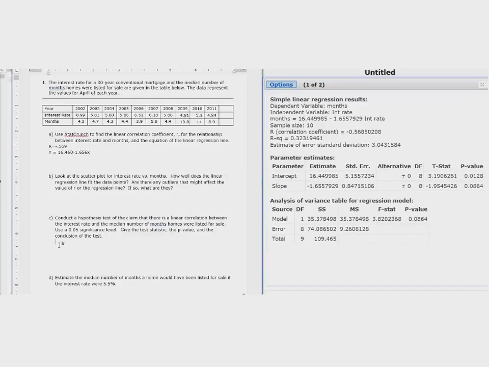So our test statistic is negative 1.955 if we round it to 3 decimal places. Our p-value is 0.0864.